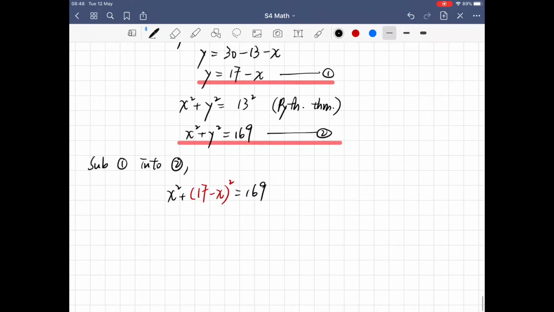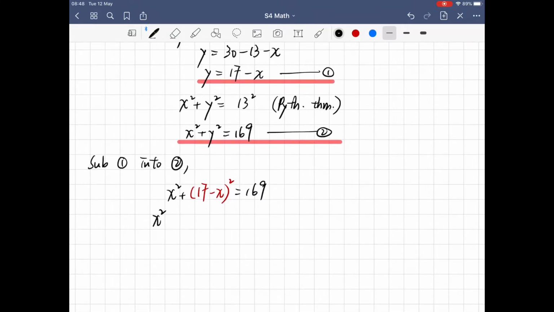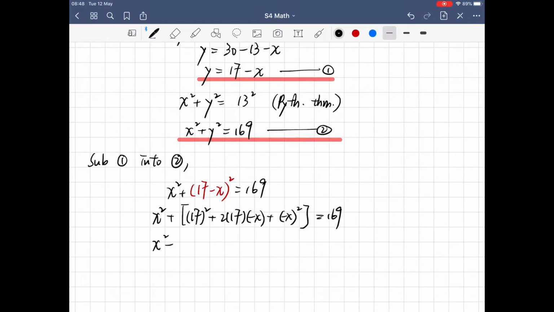Okay, again, we have to do the expansion in this question so that we have 17 squared plus 2 times 17 times negative x plus negative x squared. And as you can see, when I do the expansion, I won't do anything in the same sentence, okay? And therefore, x squared plus 289 minus 34x plus x squared equals 169.